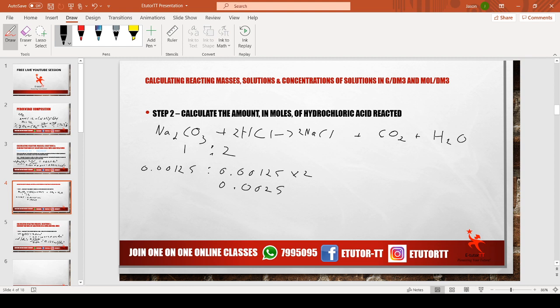Now we balance this equation by adding a 2 to the hydrochloric acid and a 2 to the sodium chloride, obtaining a 1 to 2 ratio, meaning 1 mole of sodium carbonate reacted with 2 moles of hydrochloric acid.